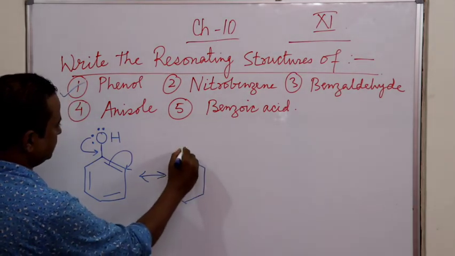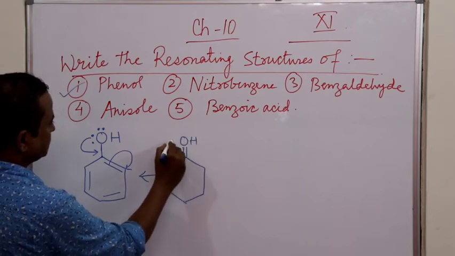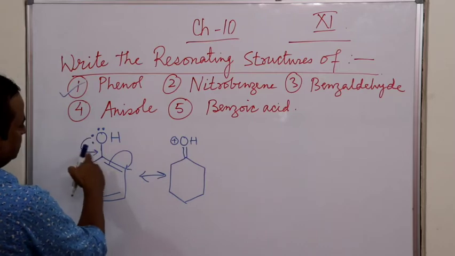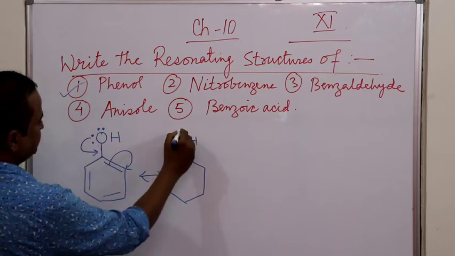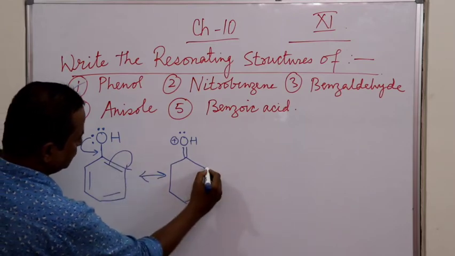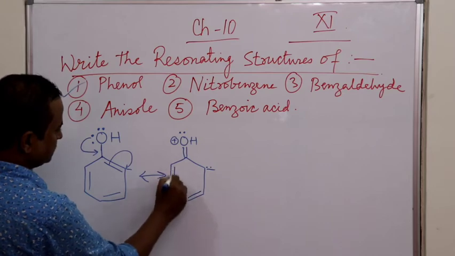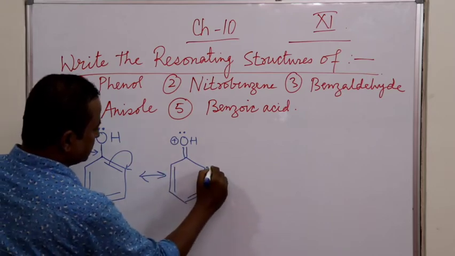So here a double bond will be formed, OH, because this electron pair has come to here, so a plus charge will be there, and this pi electron will come here. Okay, and the rest of the structure will be the same. Now in the second structure, what will happen?